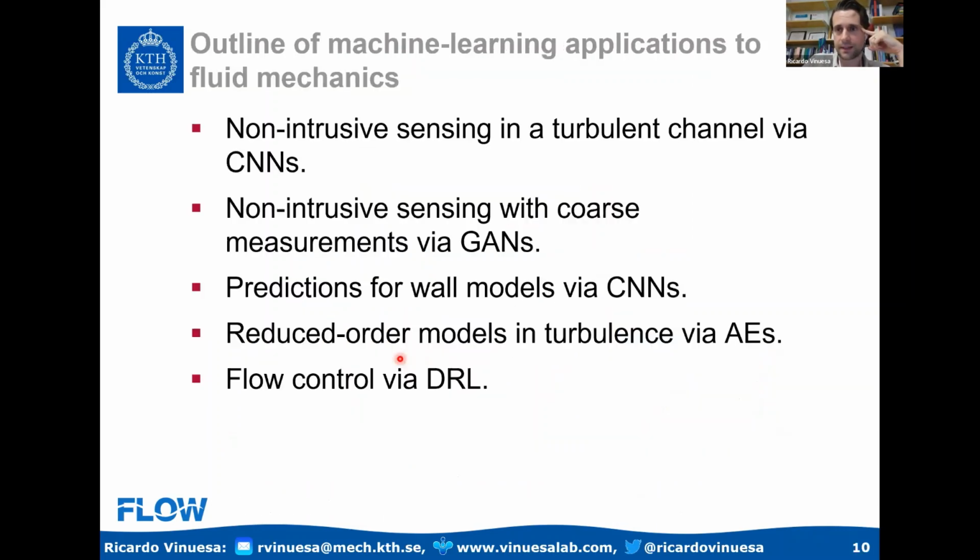Now, having said this, today I'm going to show you several examples in which one can use machine learning to improve various applications in fluid mechanics. So we're going to look at various examples which can benefit from data-driven methods. In the first example, we're going to talk about non-intrusive sensing.